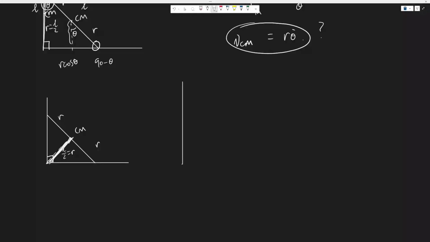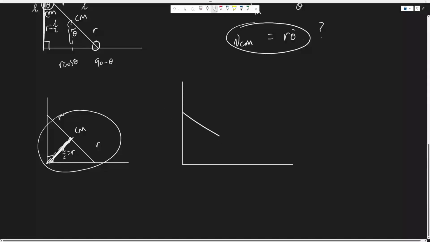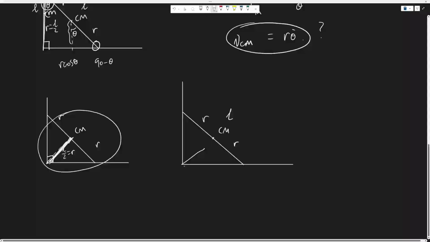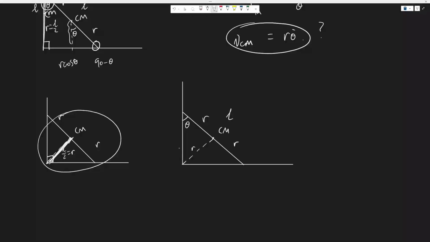And by the way, you can search up this property online, but just in the interest of time, I'm not going to prove it here. So we have L, center of mass, R, R, and using that property, I'm going to draw a dash line just so we know it's not actually a rod or something. So this is R, and we set this as theta previously. And so because this is theta, 90 degrees, this is 90 minus theta, and so this is also theta.